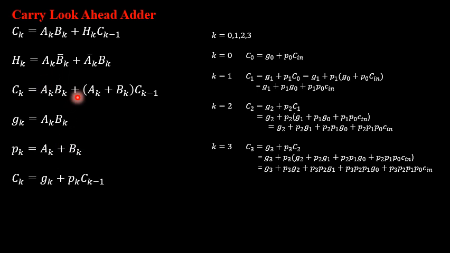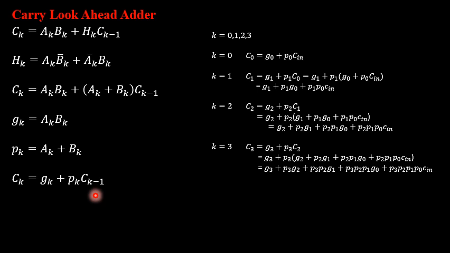If I replace Ak Bk as Gk, the generate signal, and Ak plus Bk, the OR gate, with the propagate signal Pk, I can rewrite the equation as Ck equal to Gk plus Pk multiplied by Ck minus 1. This will be the main carry output expression which we will utilize in order to design a carry look ahead adder cell for any number of bits.